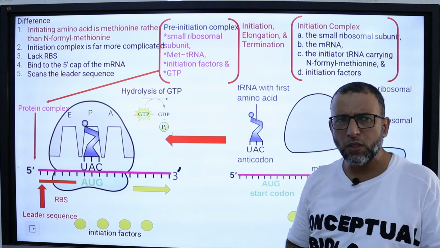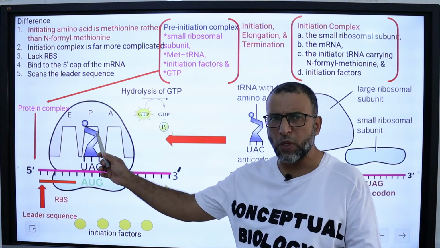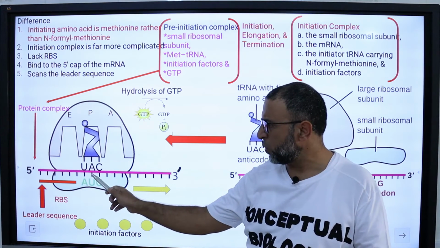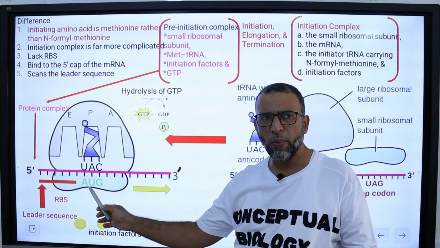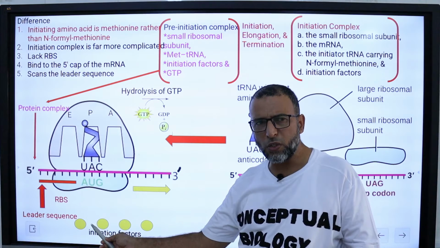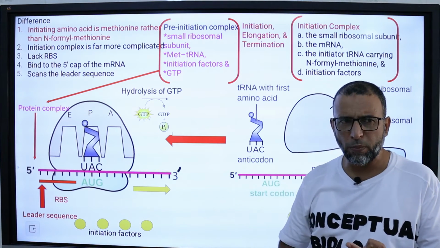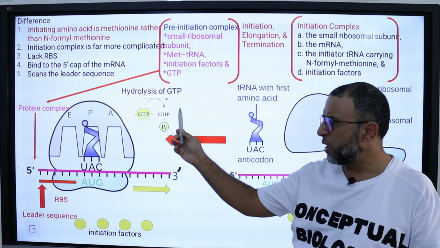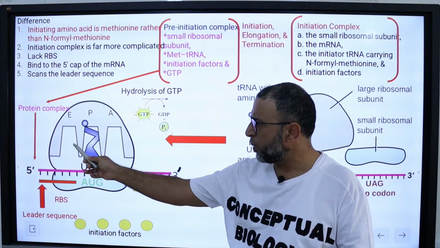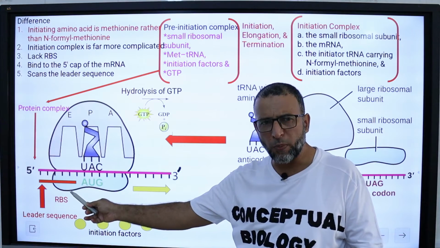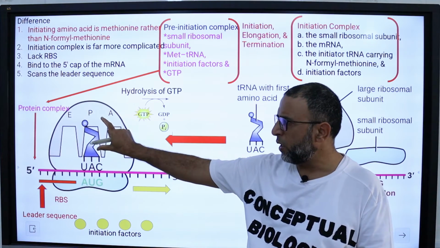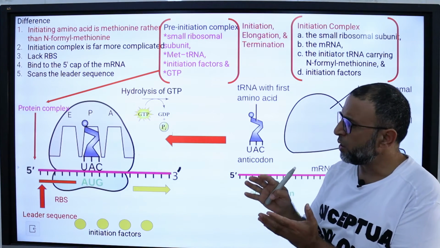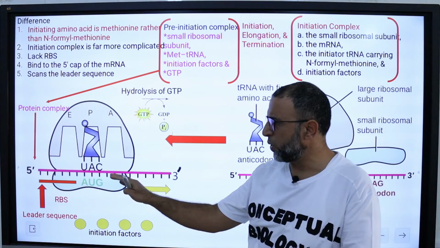Step number 3 is when the initiator methionine tRNA anticodon binds to the start codon AUG, which triggers the release of initiation factors. And step number 4 is hydrolysis of GTP that provides energy for the binding of the large ribosomal subunit with the small ribosomal subunit to form an intact ribosome, completing the assembly of the translation initiation complex in eukaryotes.